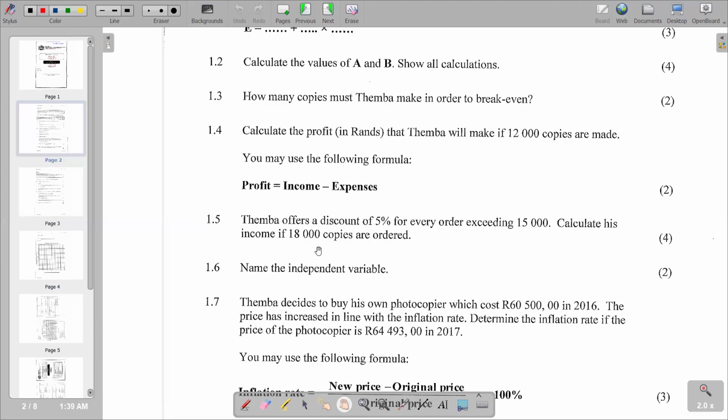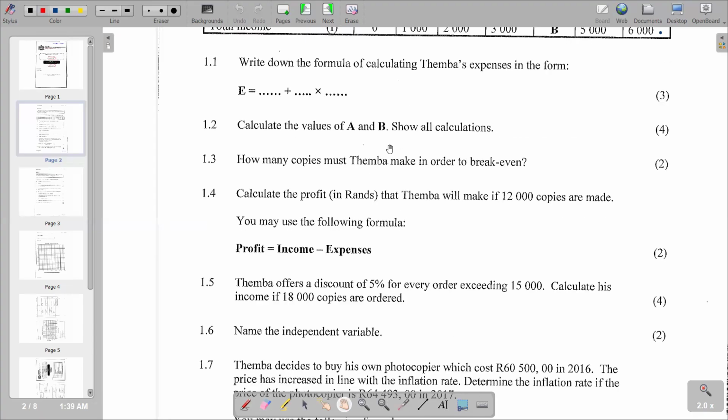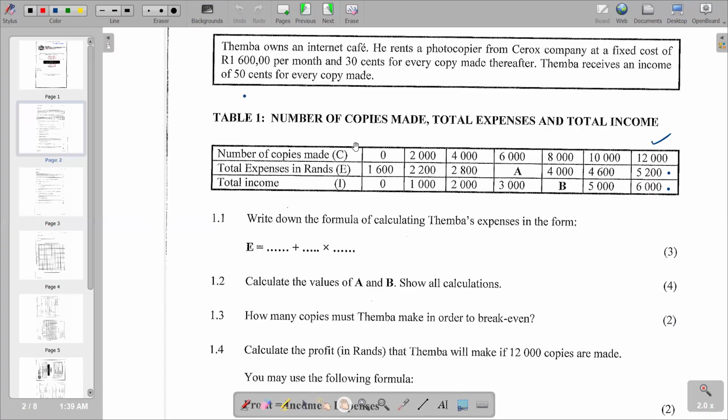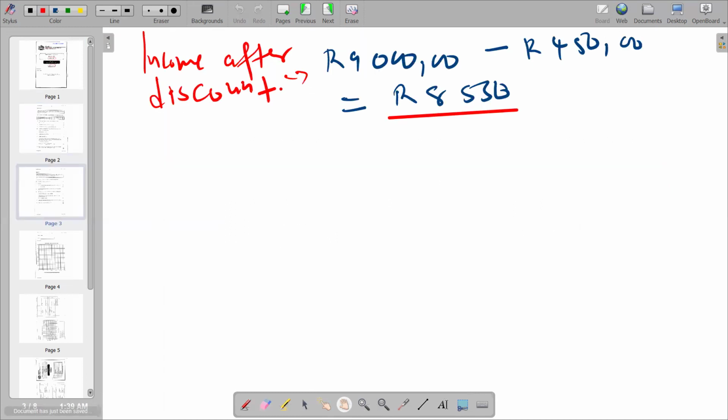So the one that is not being affected by other variables that are there. If you look at our table, you see that the number of copies is not depending on any other variable. So it becomes the independent variable that we have within the context of our question.